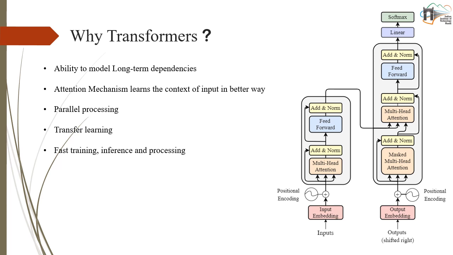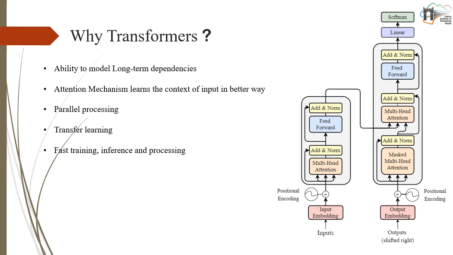This mechanism not only enhances the model's understanding of the input, but also enables it to focus on the relevant information. By leveraging attention, transformer-based architectures can learn intricate patterns and relationships in the data, leading to improved performance and accuracy.